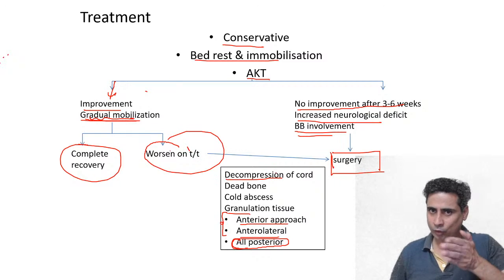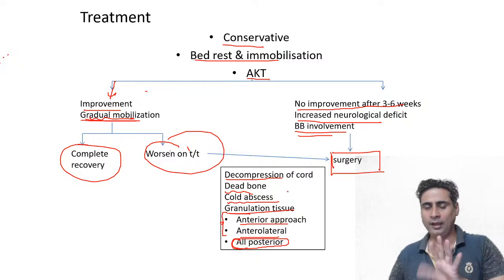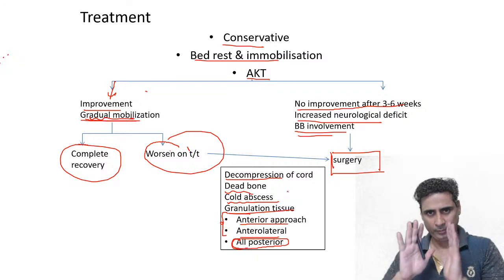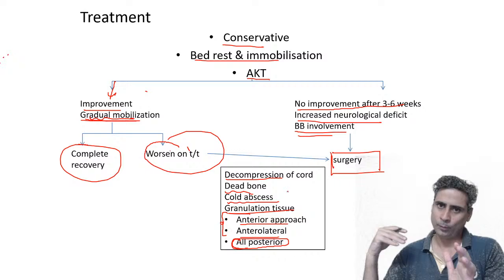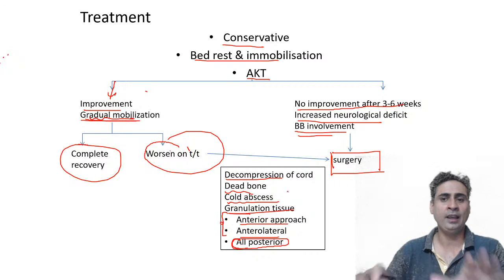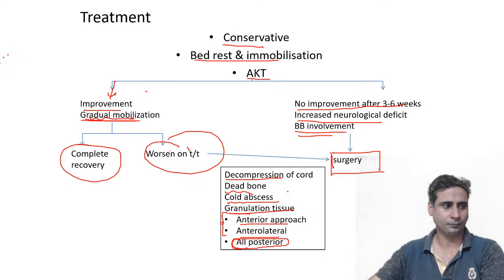Through the pedicle we go anteriorly, we remove all dead bone, drain the cold abscess, we remove granulation tissue, decompress the cord, and posteriorly for stabilization we fix it. So remember this, don't get confused. Nowadays we go through the posterior approach, we decompress anteriorly, and then we fix posteriorly to provide stabilization.